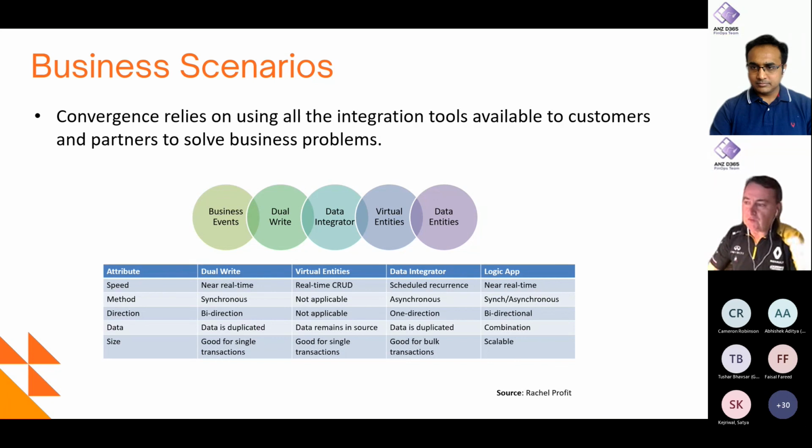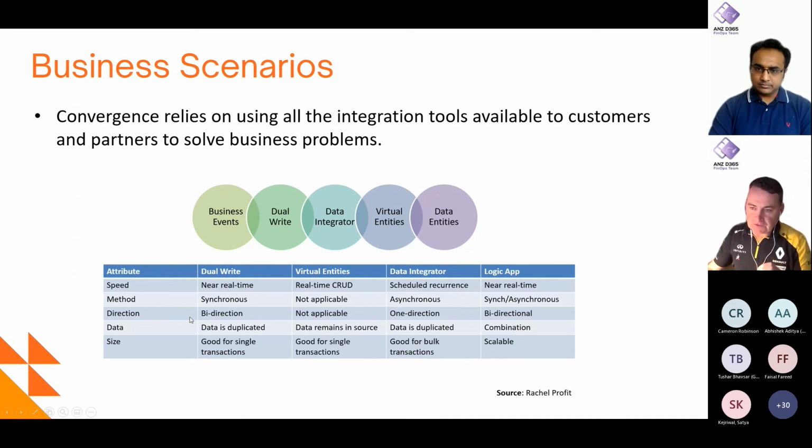So one of the reasons I put this table in is to help start to get an understanding of the strengths and weaknesses. So my recommendation is, firstly, really do your homework on what dual write is good at, what virtual entity is good at, what the use of business events is, and therefore what they're good at.